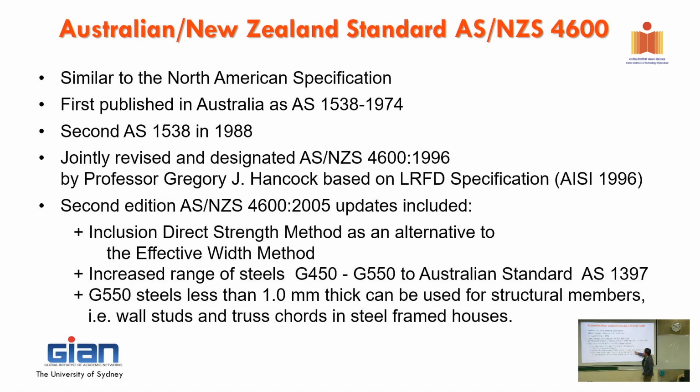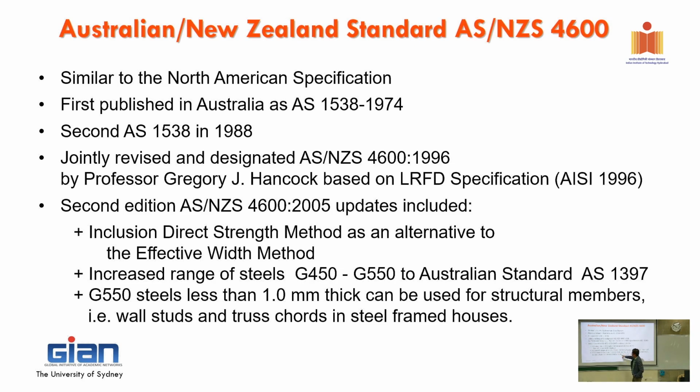He also increased the range of steel. As I mentioned before, Australians, particularly BlueScope Steel, developed the technology for the reduction process, so they can make very thin, high-strength steel. They can make G450 and G550, and now we officially include that in the standard in 2005. That allows you to design structural members with thickness less than 1 millimeter.